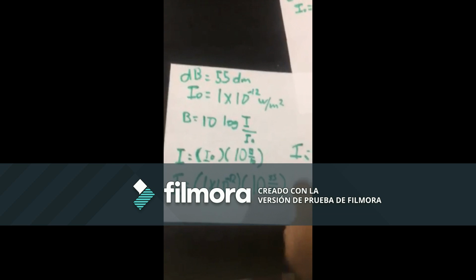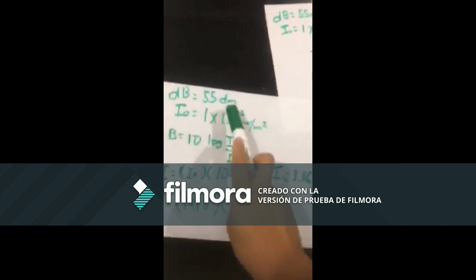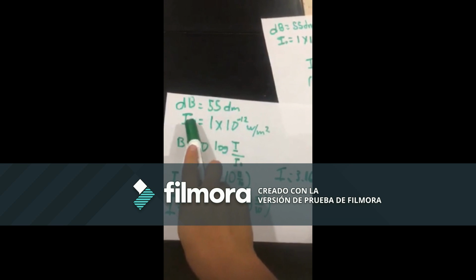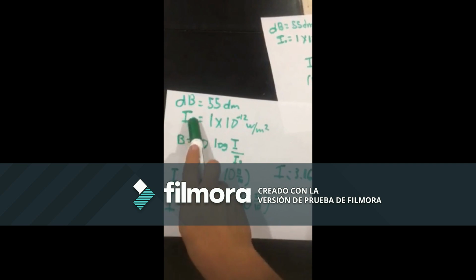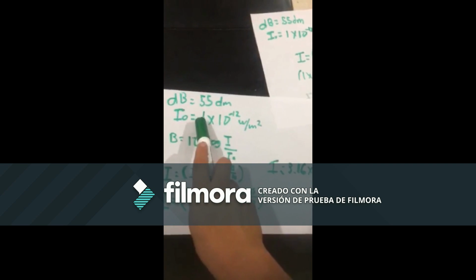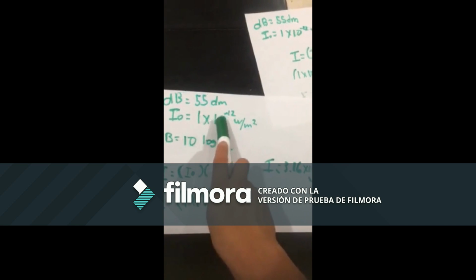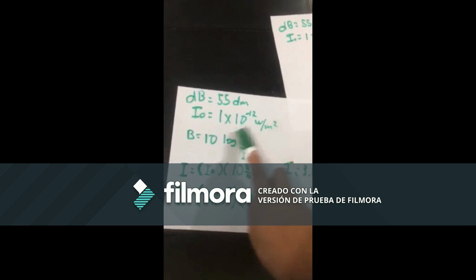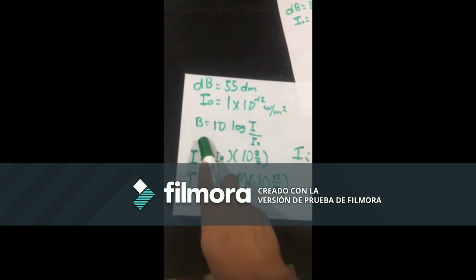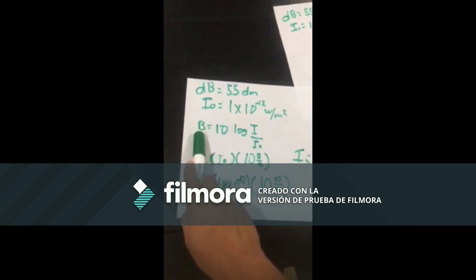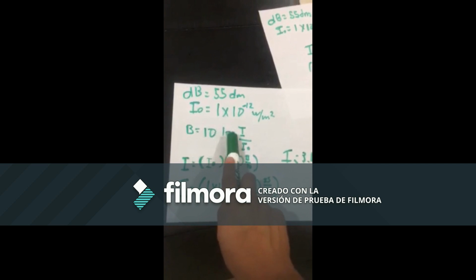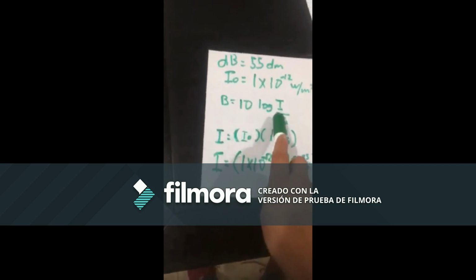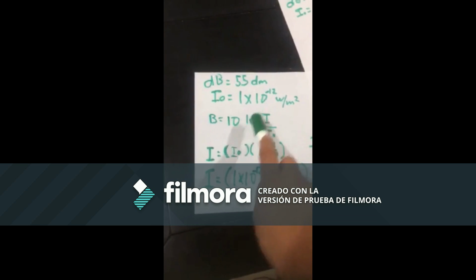In the seventh problem, they are giving us a dB that is equal to 55 dB. Then next is the minimum intensity, that is going to be equal to 1 times 10 to the minus 12 W over meter squared. So there exists this formula. B equals 10 times the logarithm of intensity over intensity 1, and you have to solve for intensity.